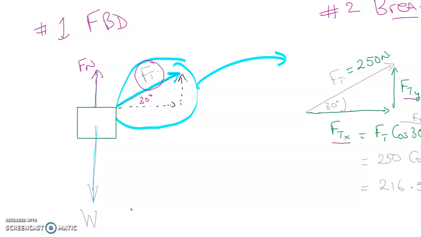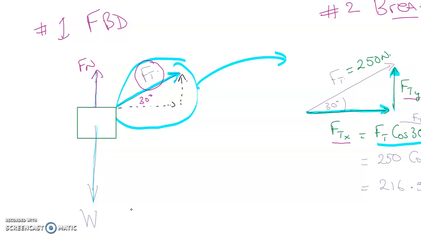So we break that vector down just like we did before in projectile motion. So we've got the force of tension in the x direction, the force of tension in the y direction. Force of tension in the x direction is going to just be the size of the force of tension times the cosine of the angle, 30 degrees. And the force of tension in the y direction will be Ft sine theta.